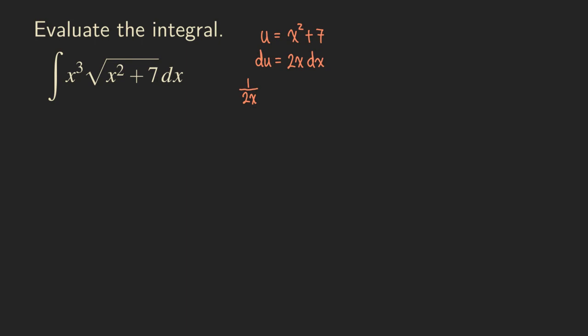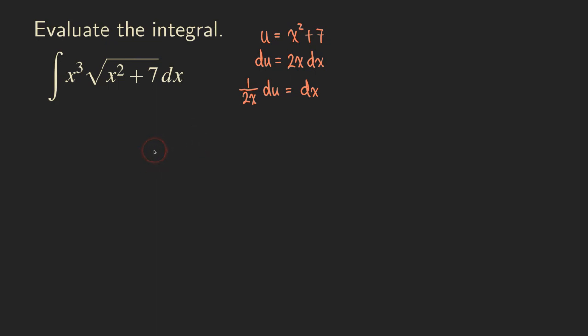Okay, so if we divide both sides by the 2x, then we are going to get 1 over 2x du, and that's equal to the dx. And now, because we isolated dx, we can actually replace this dx by this expression right here. So instead of doing our usual matching manipulation, we will just solve for dx and then make that substitution in here to see if there is anything that can be canceled.